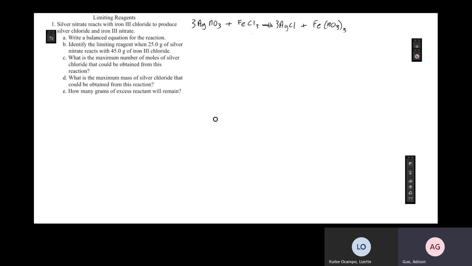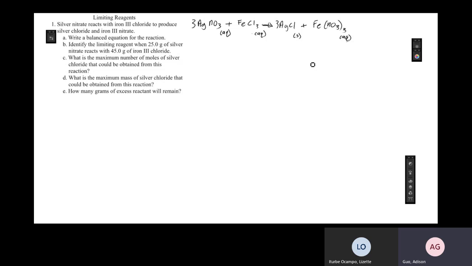First off, I'm just going to list the states of matter. This is kind of optional, but it's always nice to know what state of matter you're working with. And if you want to know these, you're going to have to know your solubility rules.